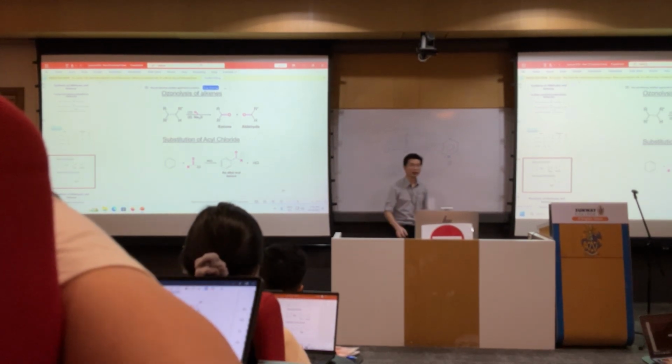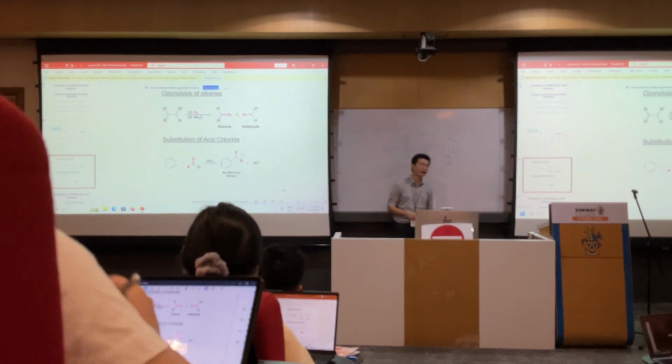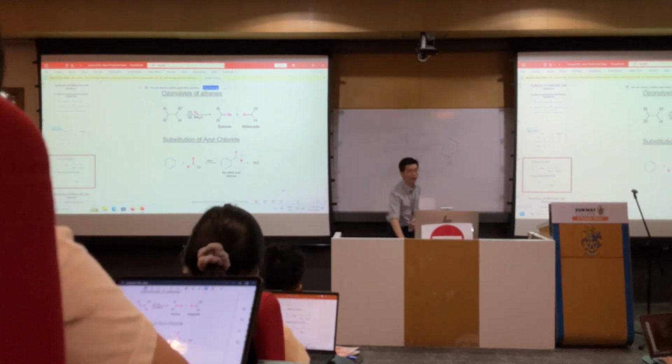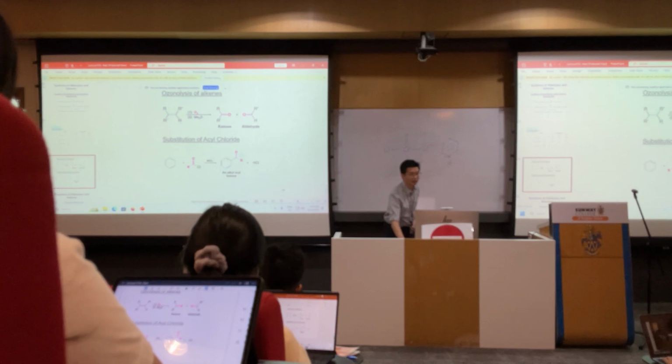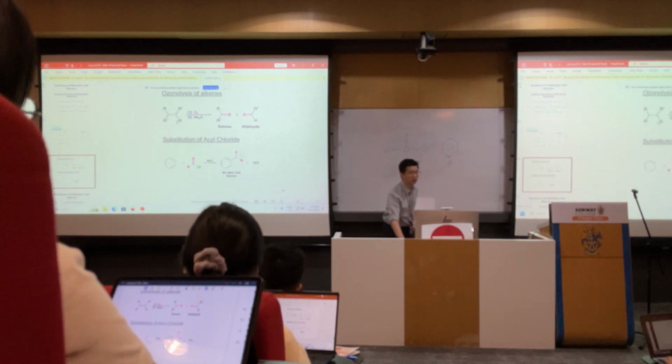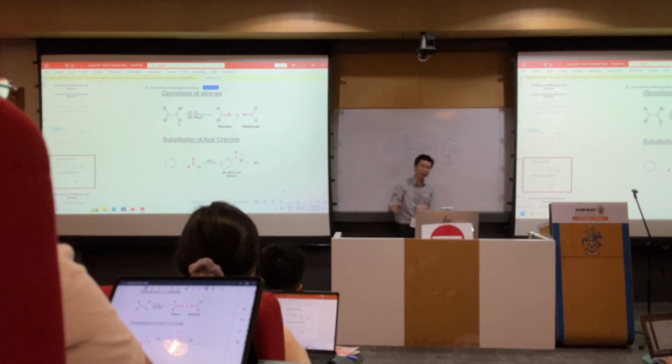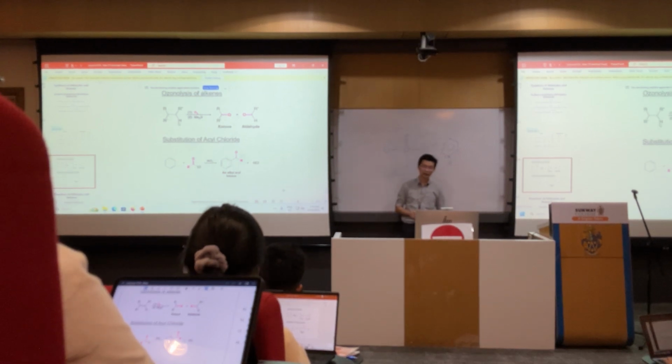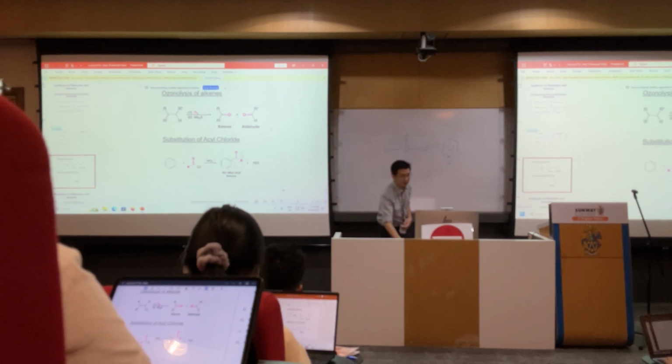Okay, and the product will be a ketone and aldehyde, depending on whether this carbon is attached to hydrogen or carbon. If it's attached to carbon, the product will be ketone, not aldehyde.